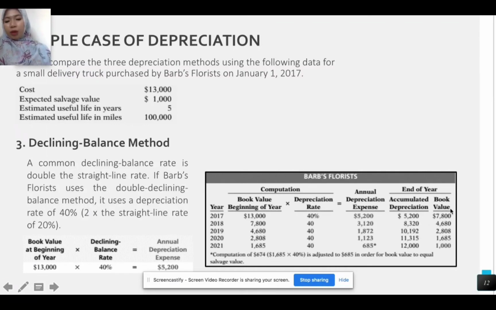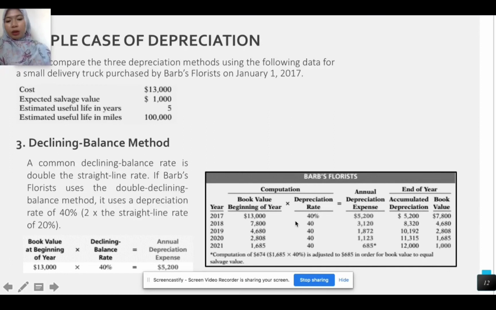The book value of the first year is the same as the book value at the beginning of year for 2018.